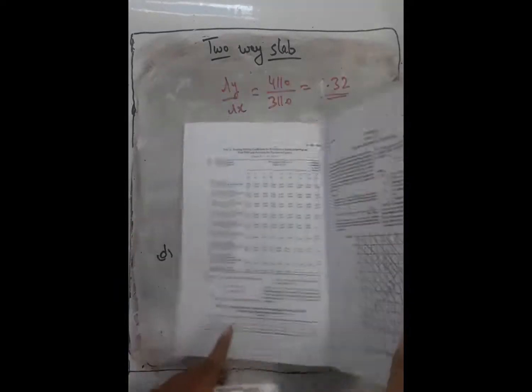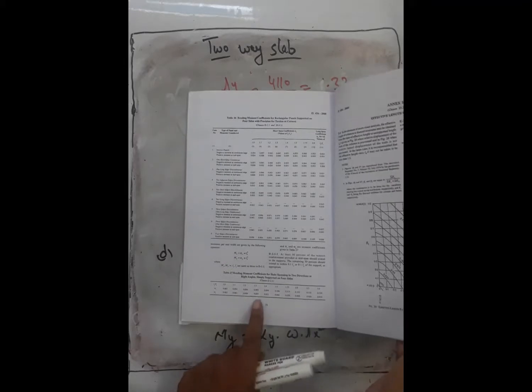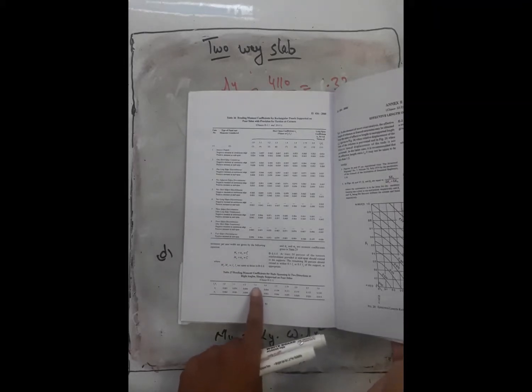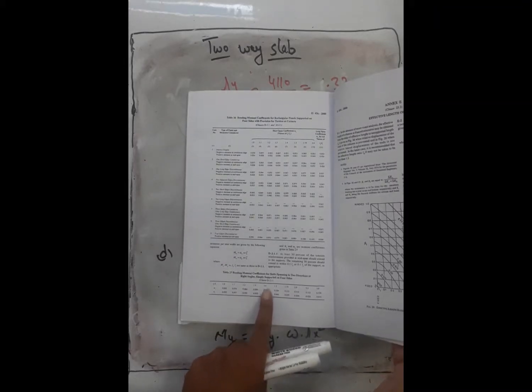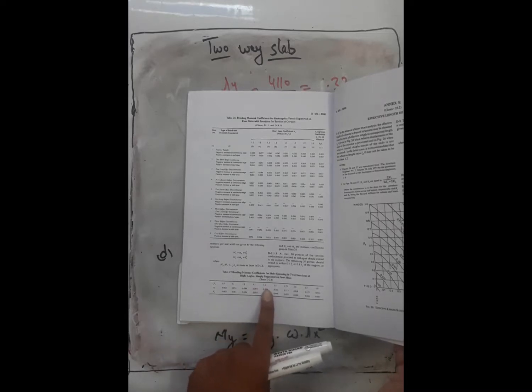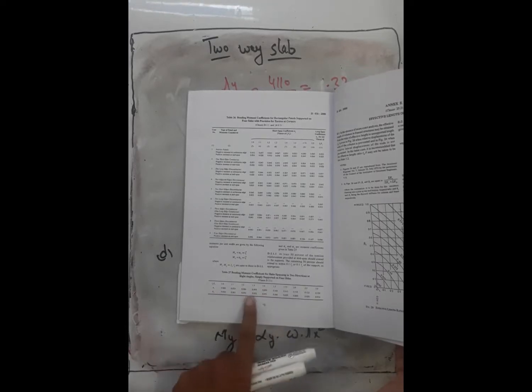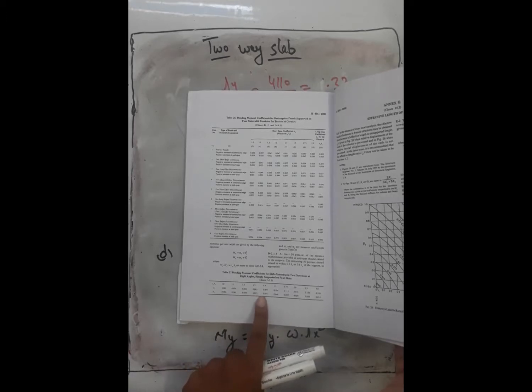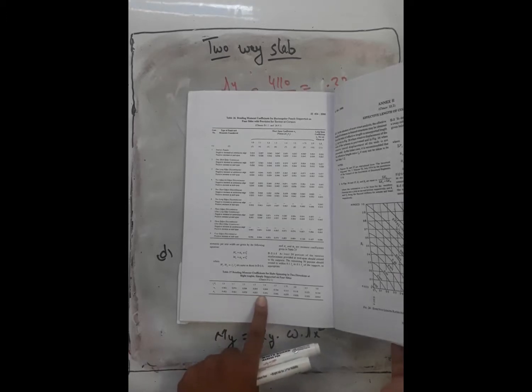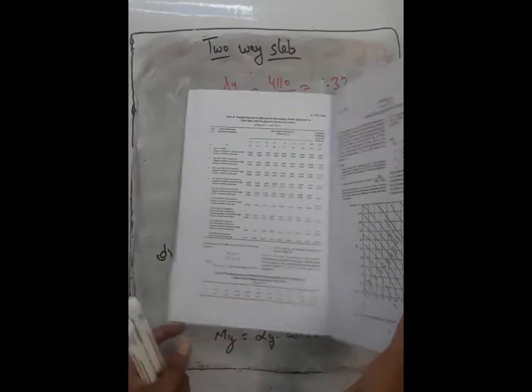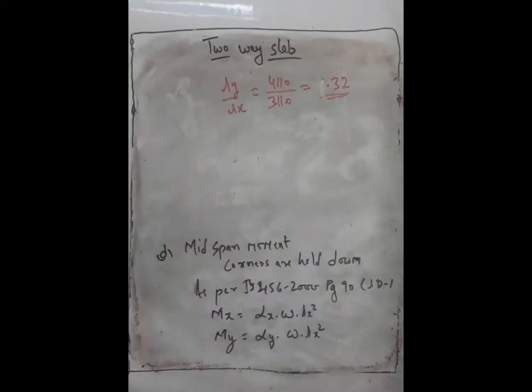Now see in our code. You are getting 1.32. Here we have values given for 1.3 and 1.4, meaning our value lies between 1.3 and 1.4. So alpha x you get between 0.093 and 0.099, and alpha y you get 0.055 to 0.051. So let's find these values with the help of interpolation.